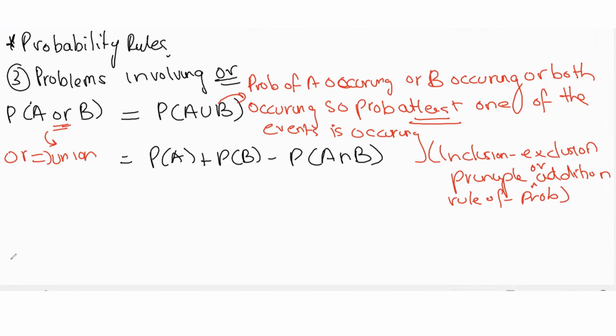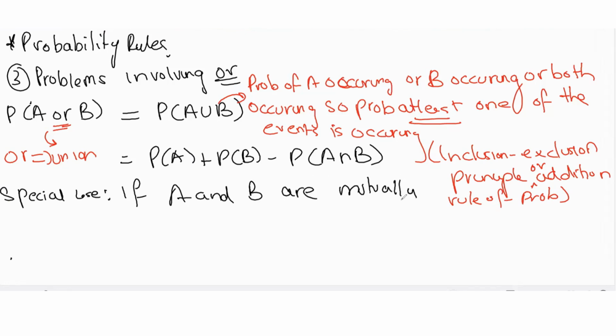We will look at a special case now, which is based on our axiom. Special case: if A and B are mutually exclusive events. Mutually exclusive events are those where the intersection is the null set. They don't have any common outcomes, they cannot occur together. Probability of A intersection B is zero, because A intersection B is the null set, and probability of null set is zero.